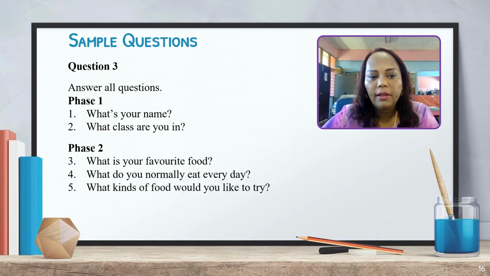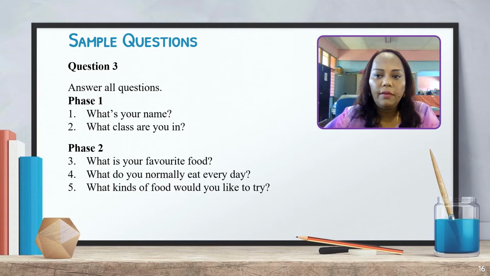All right, then question 3 here looks again at what's your name? What class are you in? So you just name your class. I'm in 5 Chakao in SMK. Name your school then. What's your favorite food? Give us favorite food that you like. I love to eat spaghetti. That's my favorite food. What do you normally eat every day? Normally I eat rice, which is what my mom cooks for us at home.